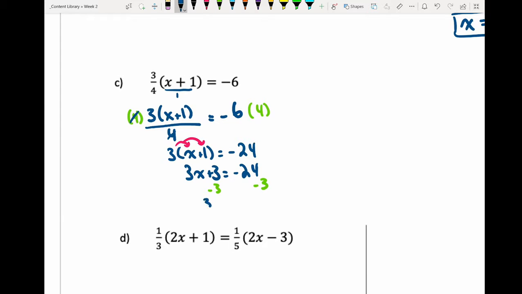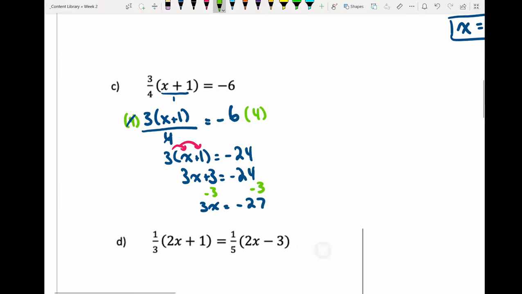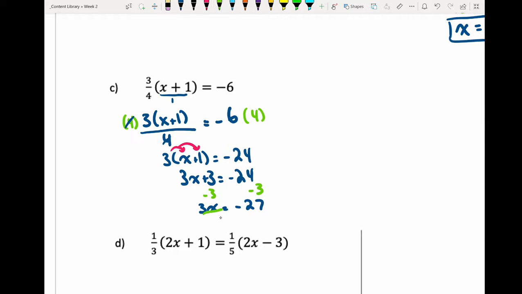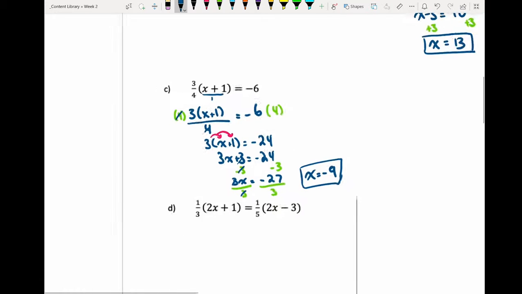So I get 3x equals negative 27. Divide both sides by 3. Then we get x equals negative 9 as our final answer.